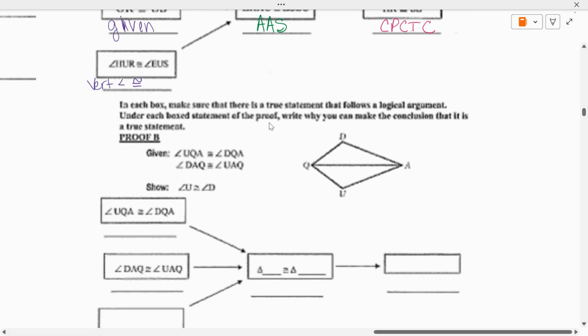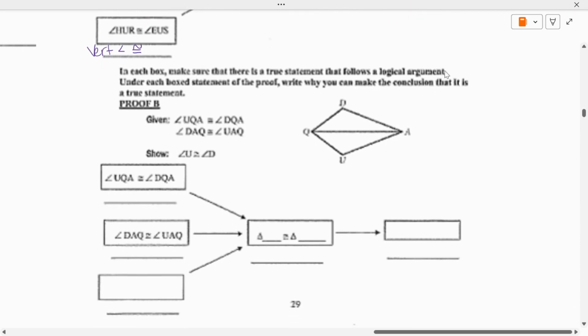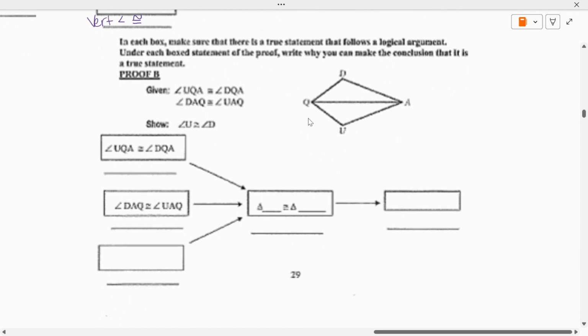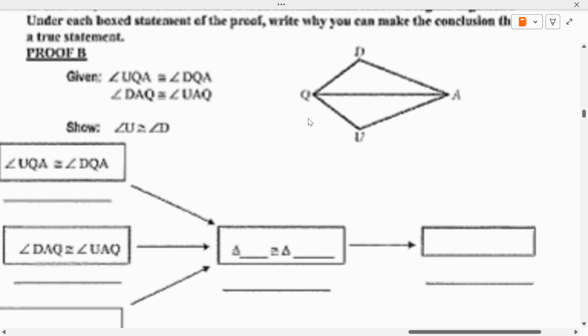In each box, make sure that there is a true statement that follows a logical argument. So our proof, again, you want to start off with what's given. Mark it on your picture. Angle UQA is congruent to angle DQA. So where are we marking those? Where is angle UQA? At Q on the bottom.